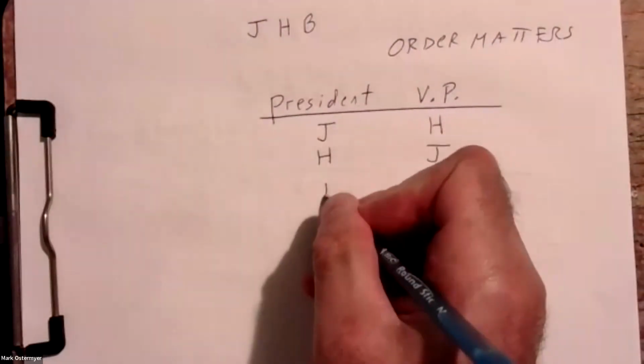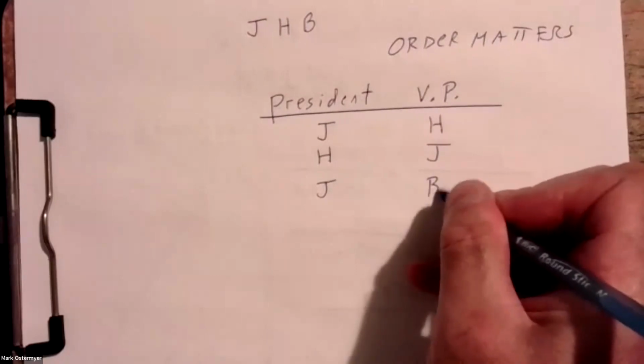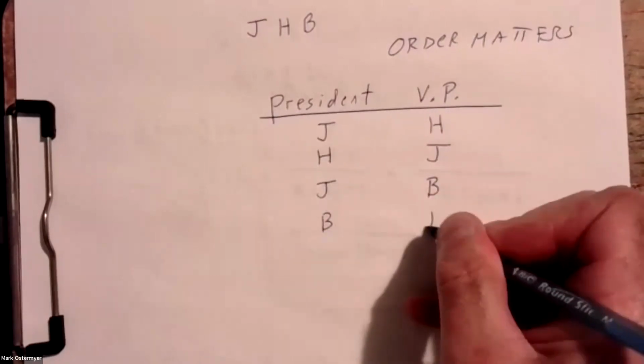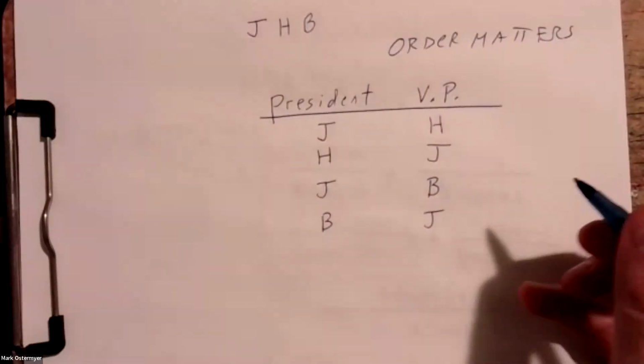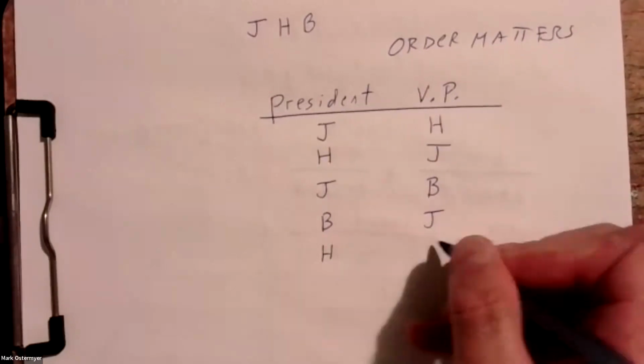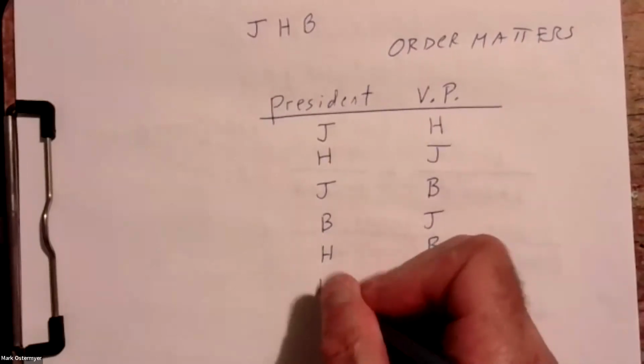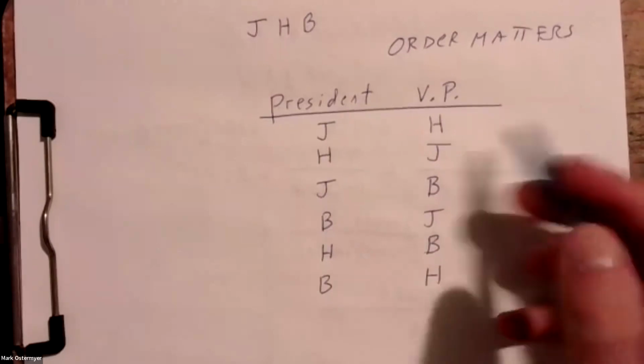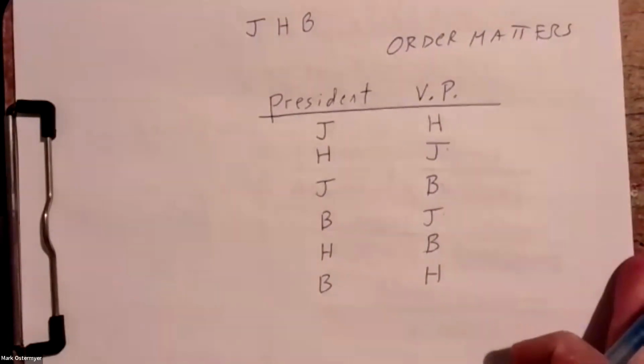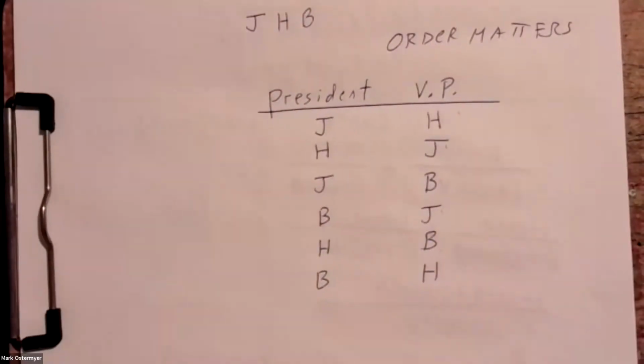I could select Jill and Bo, or Bo and Jill, or I could select Hector and Bo, or Bo and Hector. There's 6 possible ways of forming my cabinet of president and vice president if order matters, if I have those 3 people to choose from. Is that making sense there? Or order matters?